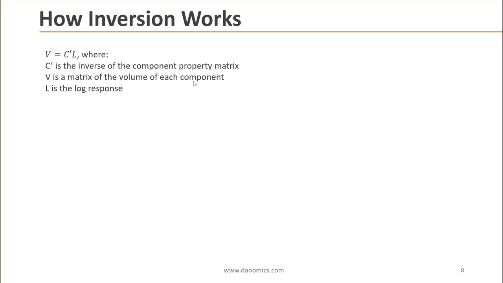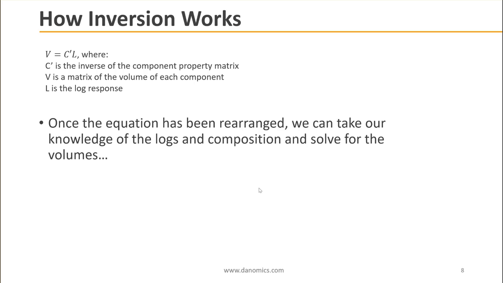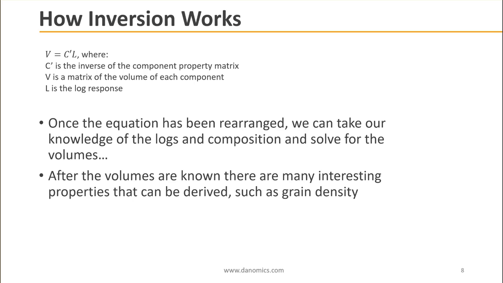So how do we do this? We just rearrange this equation. So now our mineral volumes is equal to the inverse of our properties times our log response. Okay, so now we know our logs and we know the composition, so we're going to solve for the volumes.